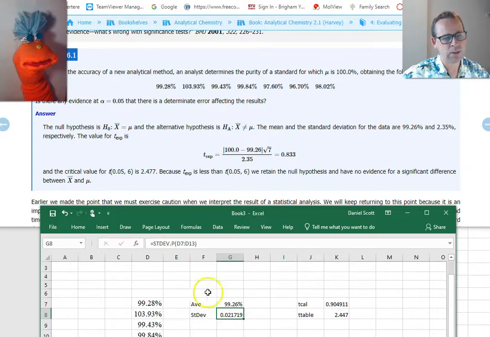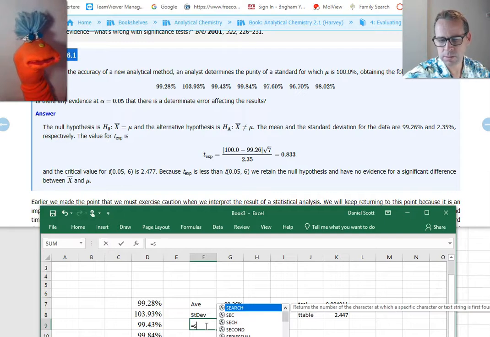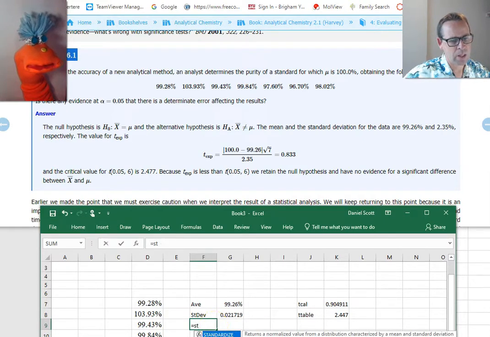If you click here, you notice that the equation for this cell is stdev.p. There are lots of different standard deviations. If I look at the list when I start writing equal sign stdev, see all these different ways or ideas on standard deviation.